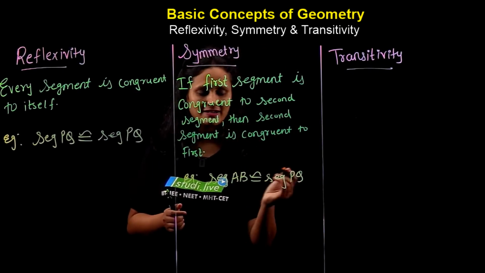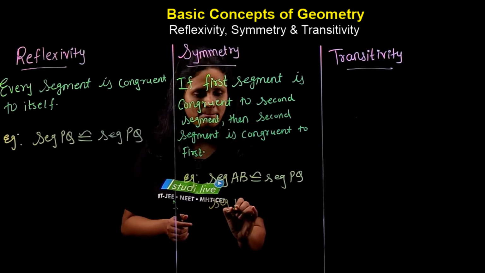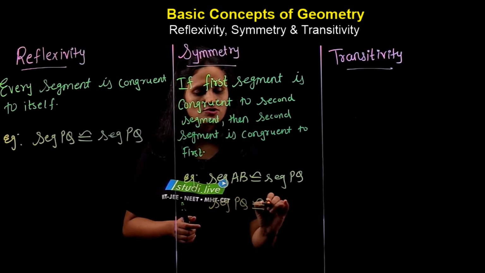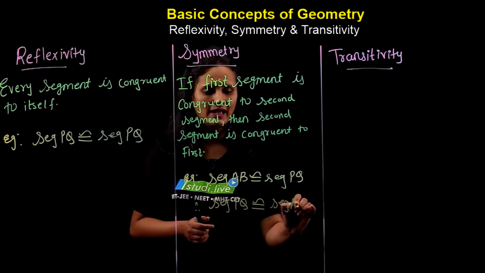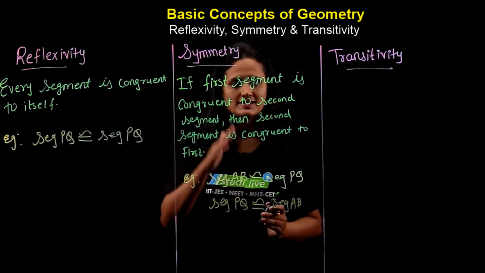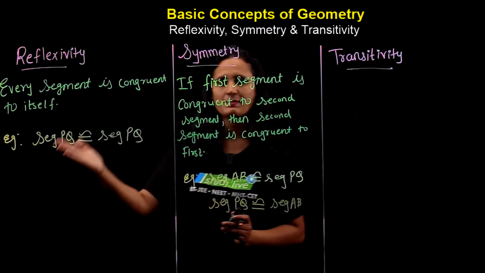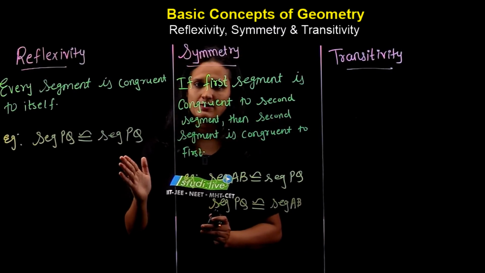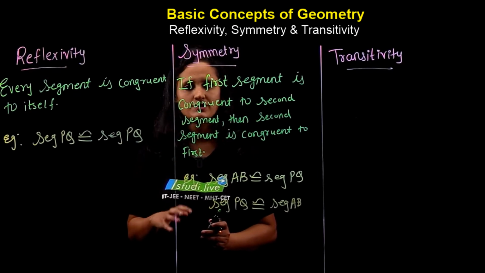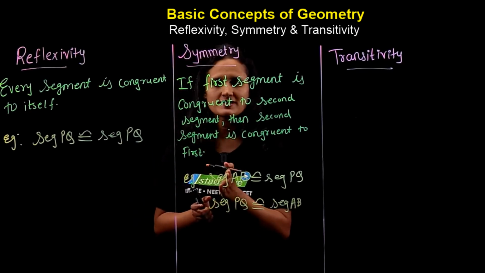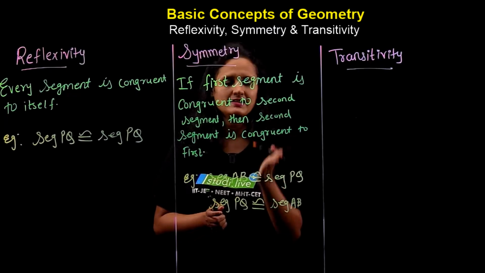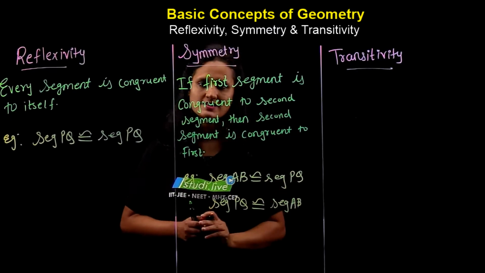So you can write it as segment PQ is also congruent to segment AB. Okay, this is symmetry. First, segment PQ is congruent to segment PQ. Every segment is congruent to itself. Second, if the first segment is congruent to the second, then the second will be congruent to the first segment.